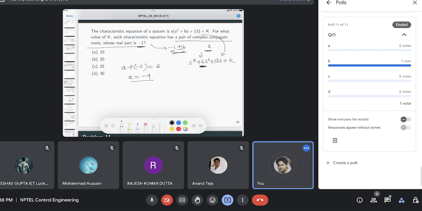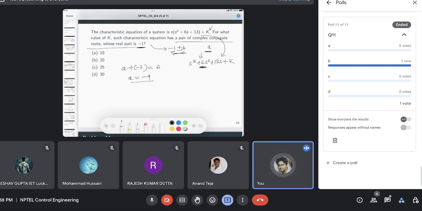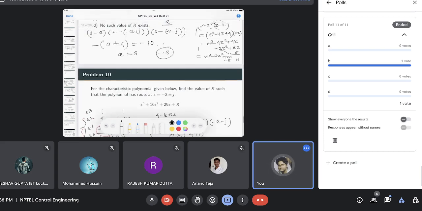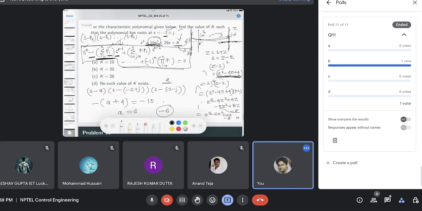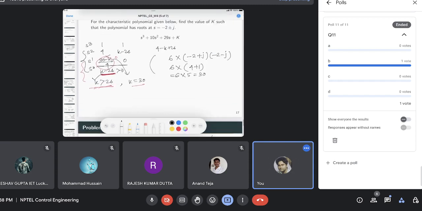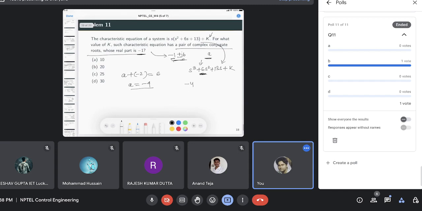So then k will be what? The product of all three poles. That will be -4 times, okay, minus, this will be plus sign because it is -1 to the power n. So minus will be plus, because -1 to the power 3 is -1.